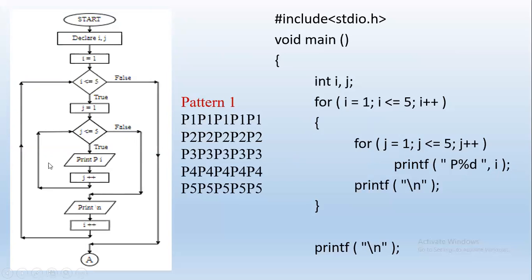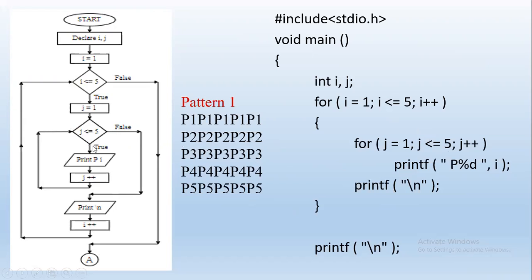So this executes for one pass, that is for i equal to 1, j executes 5 times, then i becomes 2, j executes 5 times, and similarly we print the value. j executes until its value is up to 5. When j becomes 6, the condition is false and it exits from the loop, prints \n and increments i.